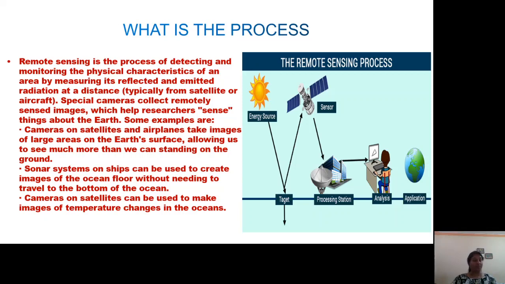This is the process which occurs in remote sensing. Aerial survey cameras, multispectral cameras, and panoramic cameras are used for remote sensing to capture and store or transmit images.